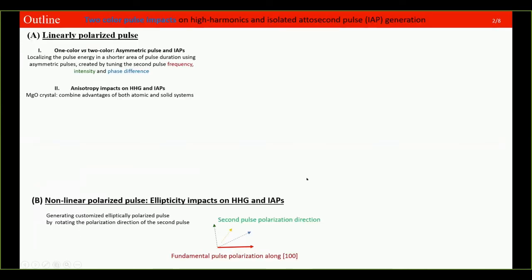In this regard, using two color pulses, we produce asymmetric pulses which localize the pulse energy in a shorter area of its duration.